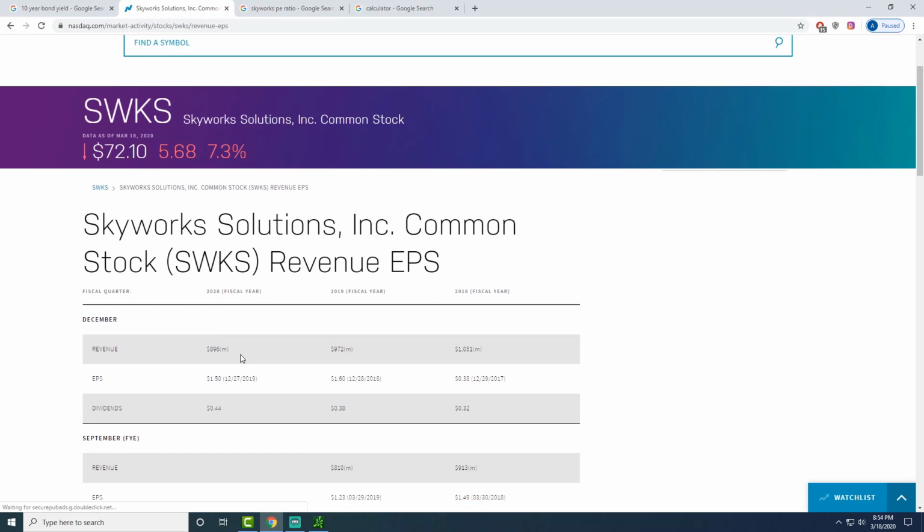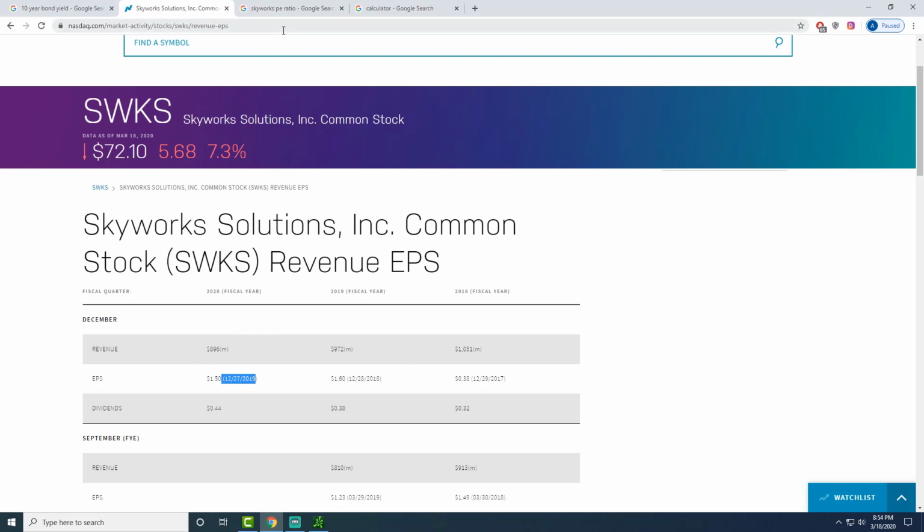When you go down to the NASDAQ market, you're going to see back in December when they reported this in the fiscal year of 2020, the EPS was 1.50. So that's what we're going to be using. That was for the most current actual 10-K. So we're going to be using 1.5 for the EPS number.